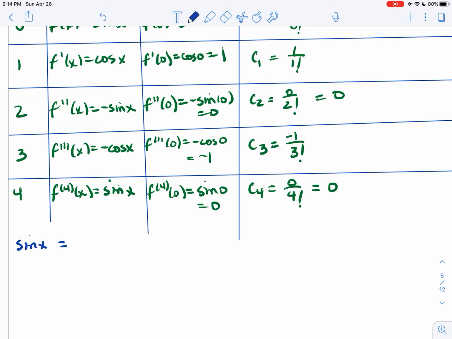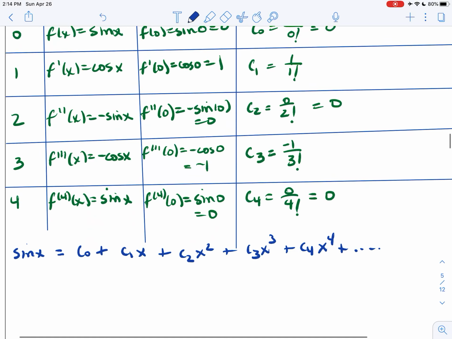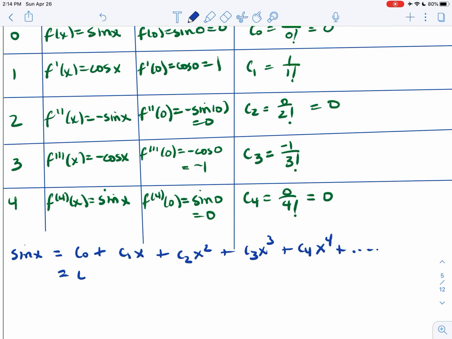So we are saying that sine x here, if it has a power series around a equal to 0, is going to look like c sub 0 plus c sub 1 x plus c sub 2 x squared plus c sub 3 x cubed plus c sub 4 x to the fourth plus dot dot dot.